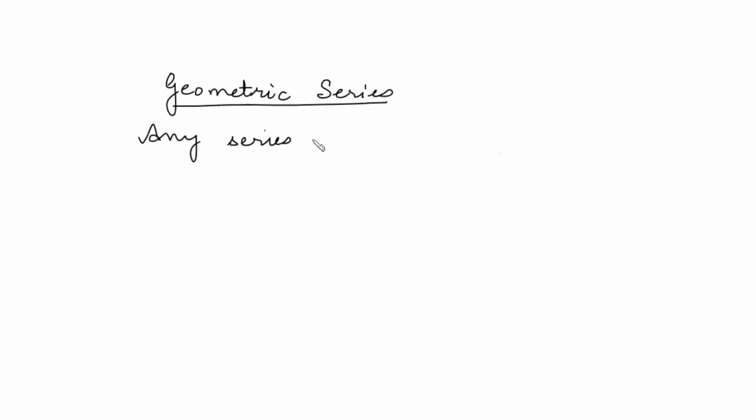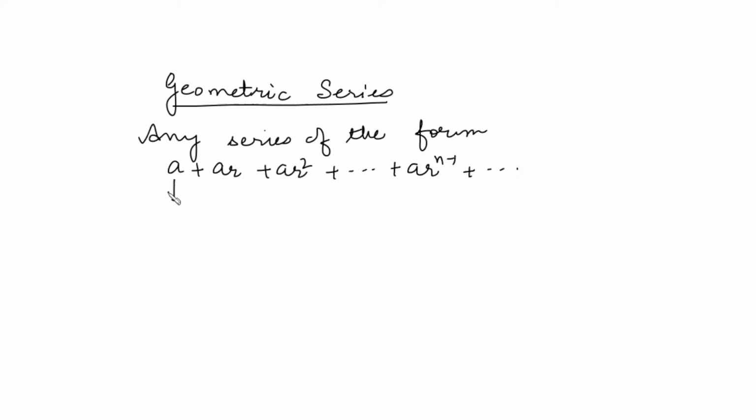So first of all, what do you mean by geometric series? Any series of the form a plus ar plus ar squared and so on, ar to the power n minus 1 and so on, where a is the first term and r is said to be the common ratio, and both these are constants.